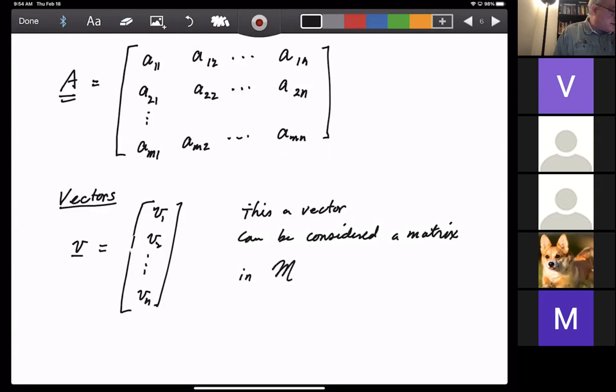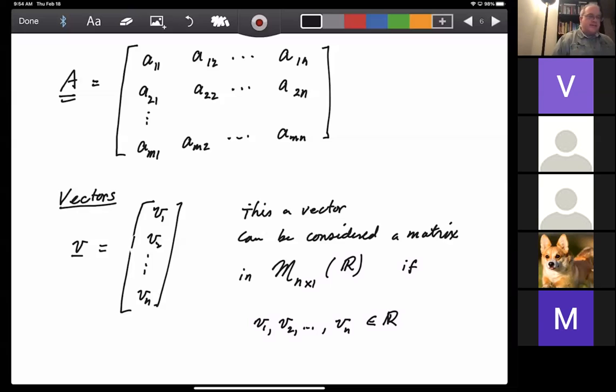Right, so in this case, we have n rows and one column. And if all of those entries are in the real numbers, we can say it's in the set of n by 1 matrices with real coefficients.